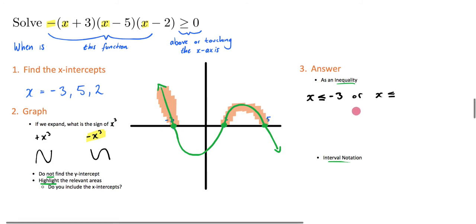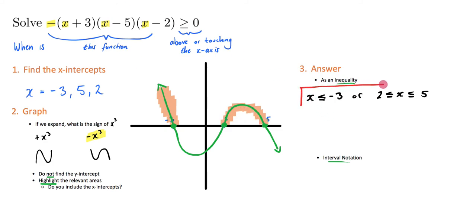Let me try that again. The way that I would write it is rather 2 is less than or equal to x is less than or equal to 5. So that represents this region right there. So that is how I would write down my answer as an inequality.